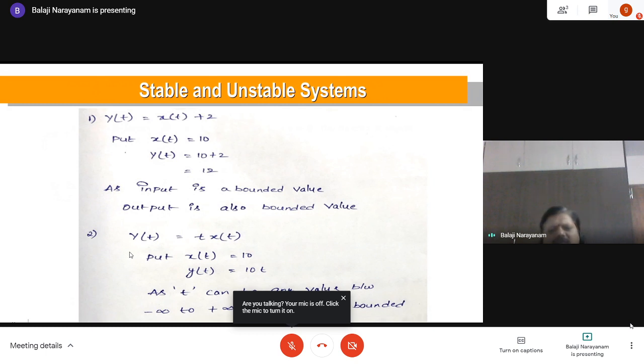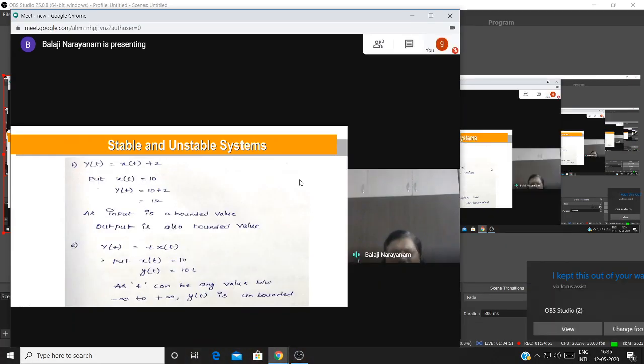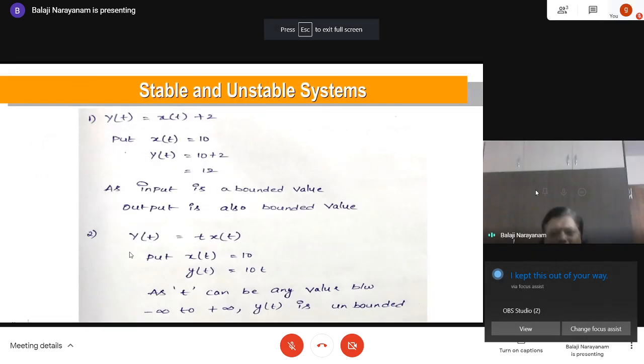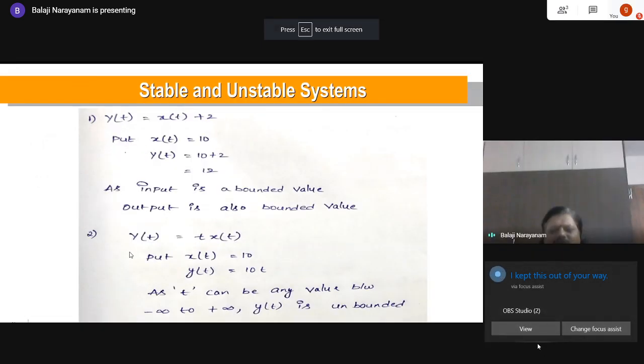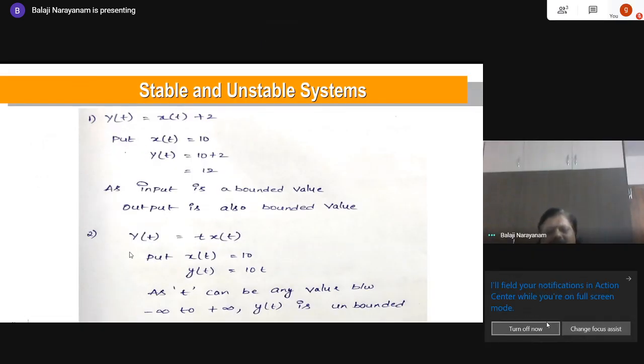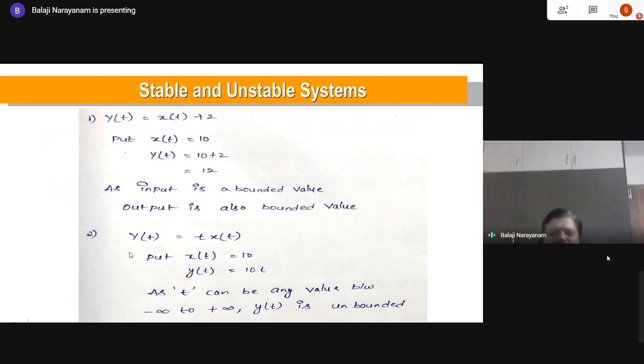Now, take the other example, y of t is equal to t into x of t. Say x of t is a bounded input value, we are giving the input value of 10. And y of t is equal to t into x of t. So there is a 10t term, and t can be any value. You may have any value for t, between minus infinity and infinity.